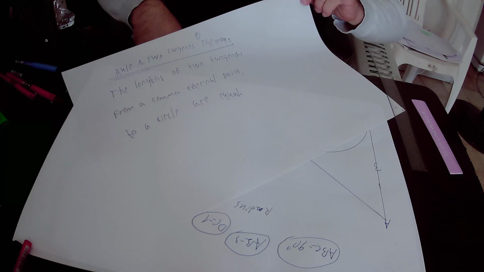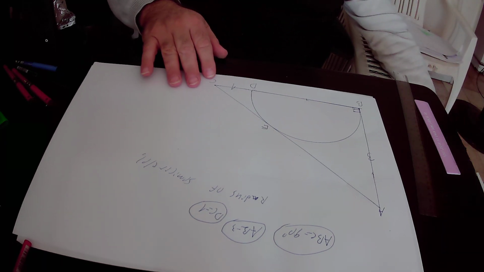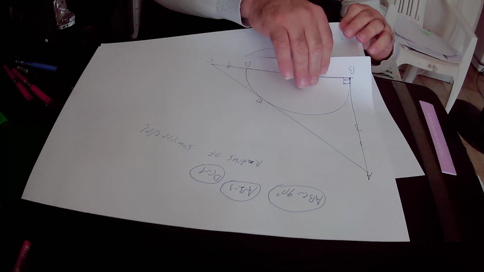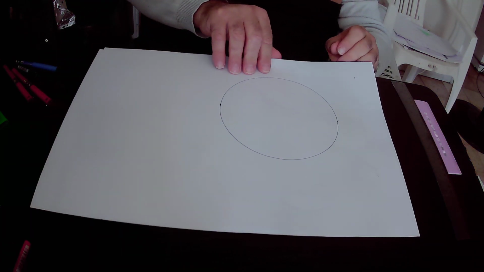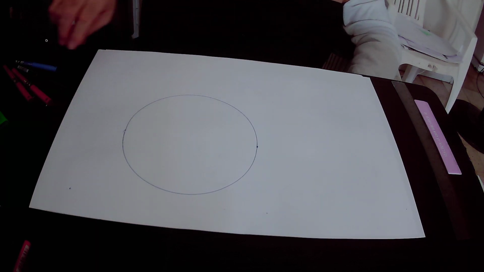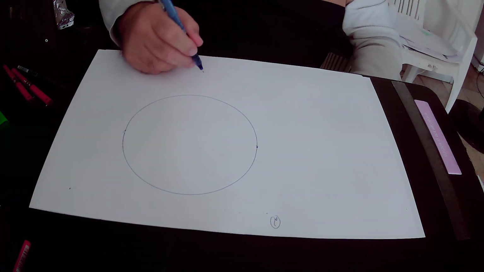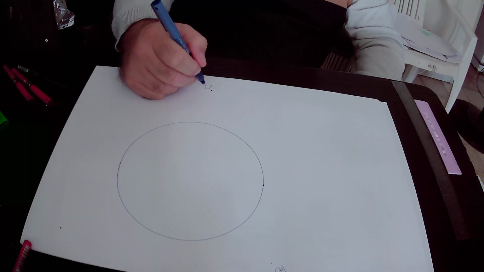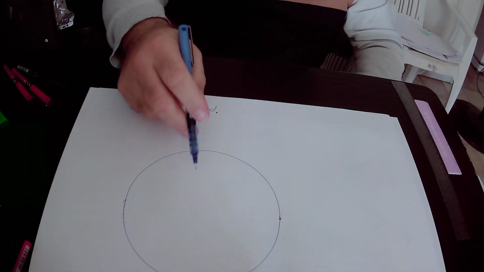So what is the meaning of rule number 1? The meaning of rule number 1 is that if you have this circle and we also have an external point, point P. This point P is an external point to this circle.